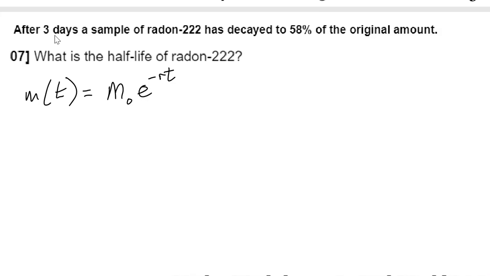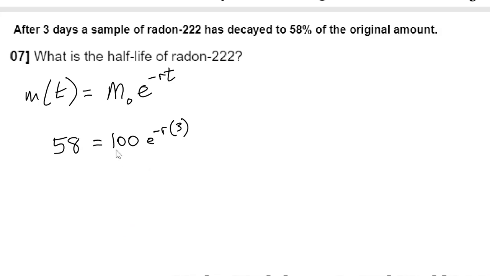So after 3 days, whatever the original mass was is decayed to 58% of it. Well, let's say we have 100 pounds of the stuff. Then at the end of it, we would actually have 58 pounds, right? So that should give us something to be able to solve for R, and then we can come over to the right and reverse engineer R.